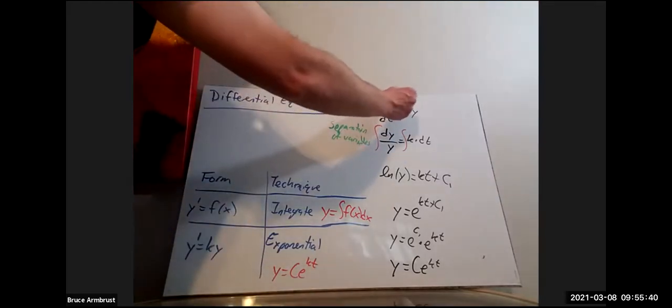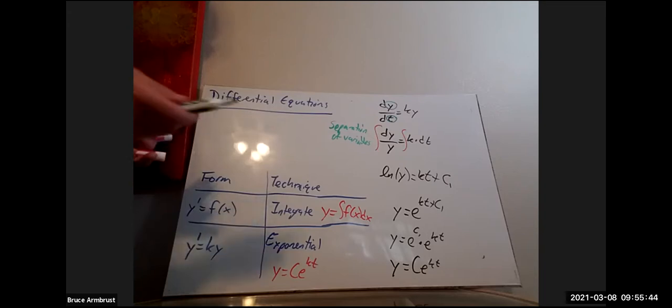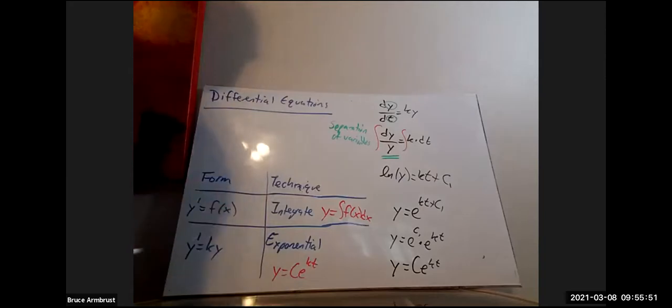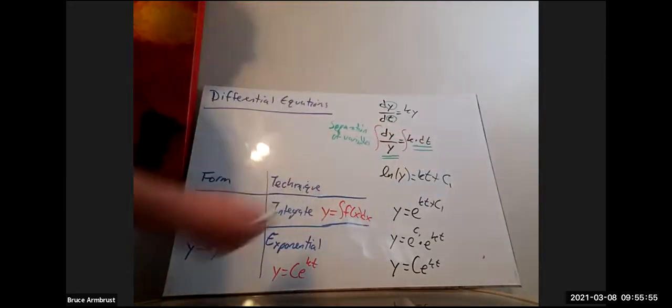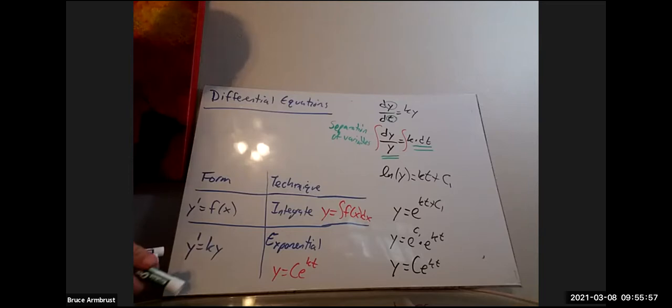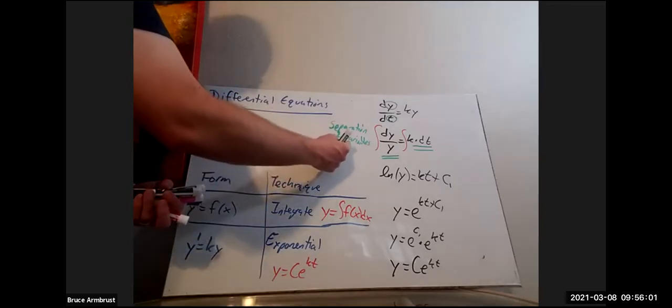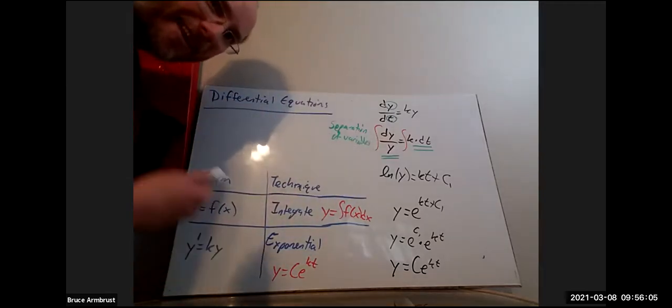There's the y and there's the t. And what we did through the process of the algebra is we made it so that one side had all the y's and the other side had all the t's. So we literally separated the variables into the two sides. Again, mathematicians naming everything what it is.